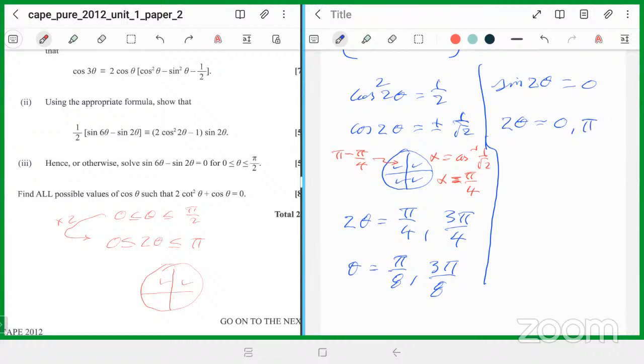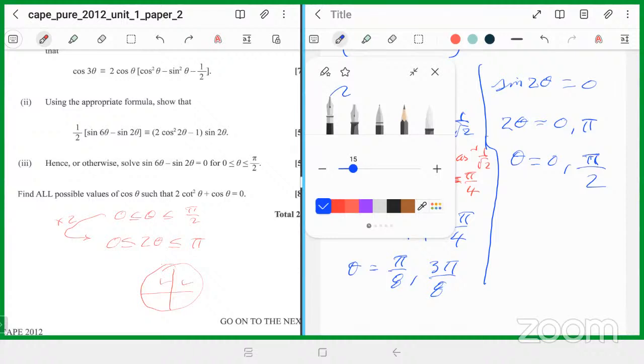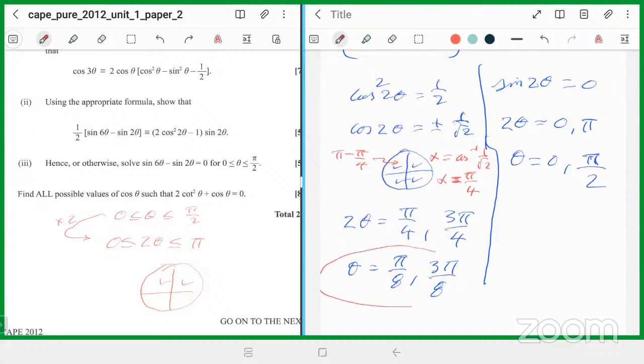Now divide by the 2, and I'm going to get theta equals 0 and pi by 2. Those are my answers right there. That is it.